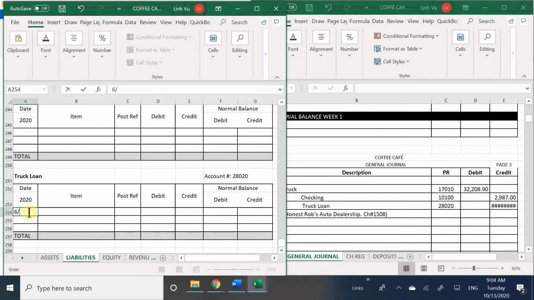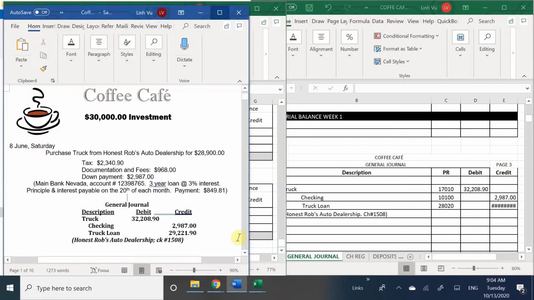Okay. This is where you can put as much information as you want when dealing with this loan. As we can see in our scenario, we know that this loan is for 3 years.